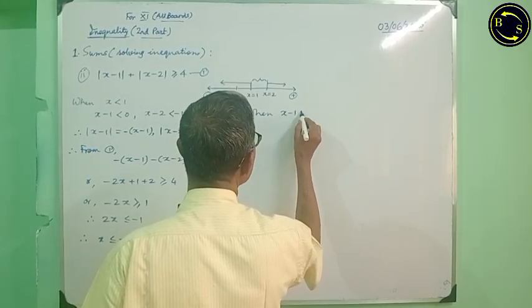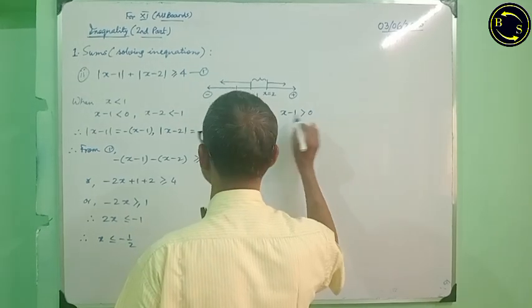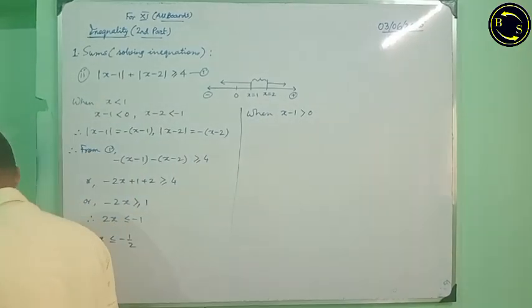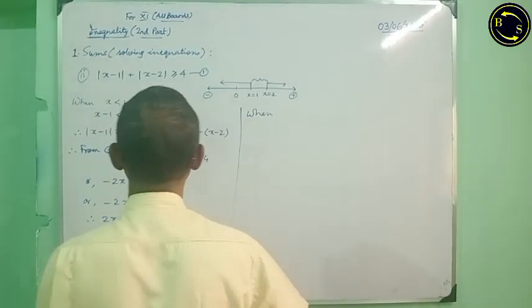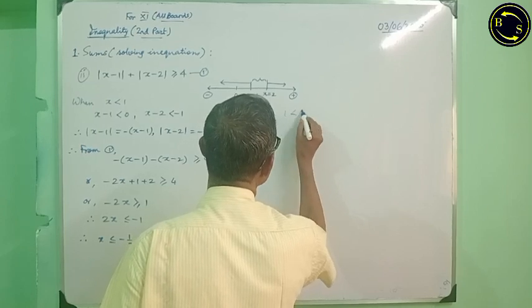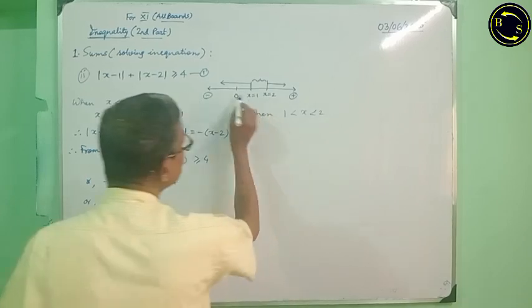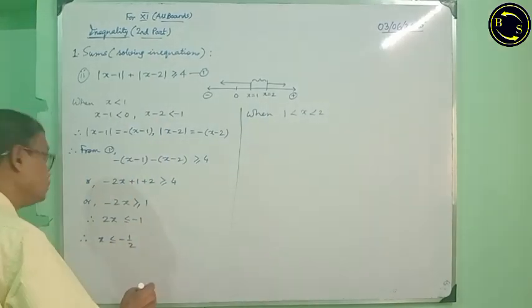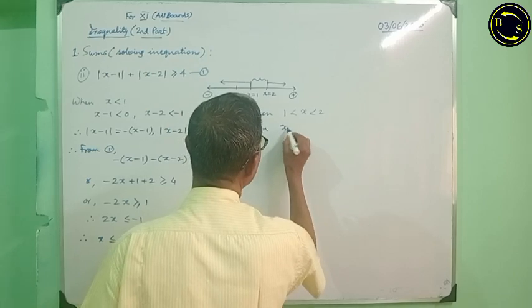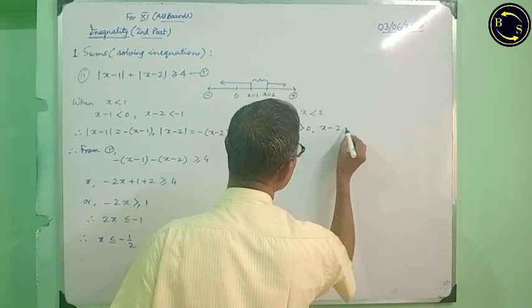When 1 less than x less than 2, I must mention like this, then x minus 1 is positive, x minus 2 is negative.